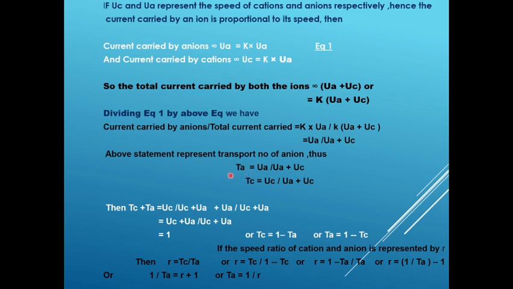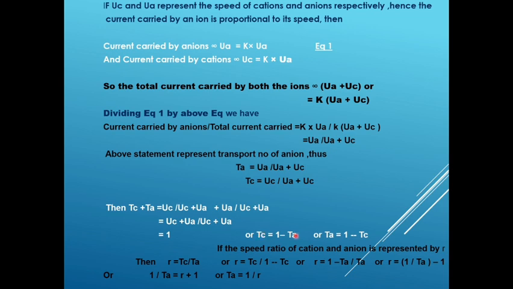If we add the transport numbers of cations and anions, we will see that the value comes to 1. Simply see, if we add Tc plus Ta after solving the equations, we get 1. So Tc plus Ta is equal to 1.